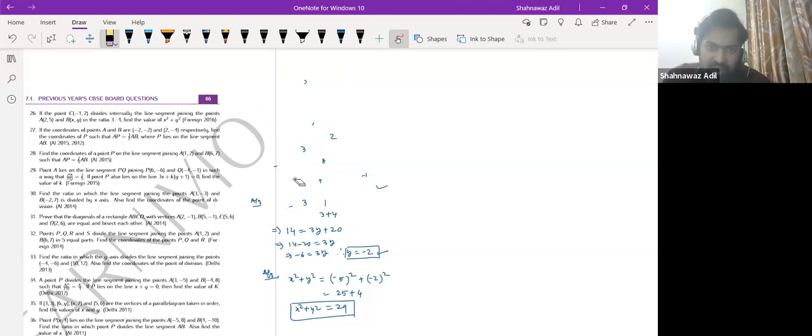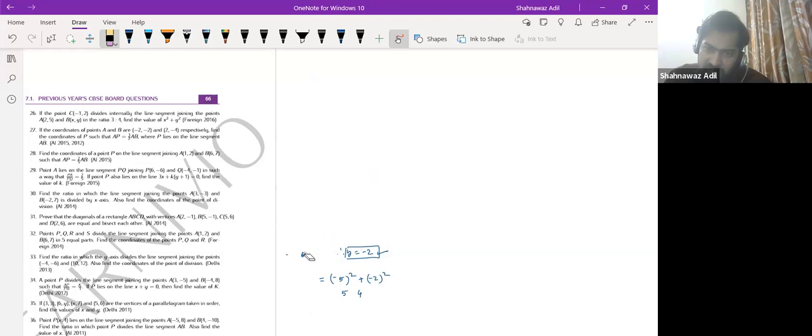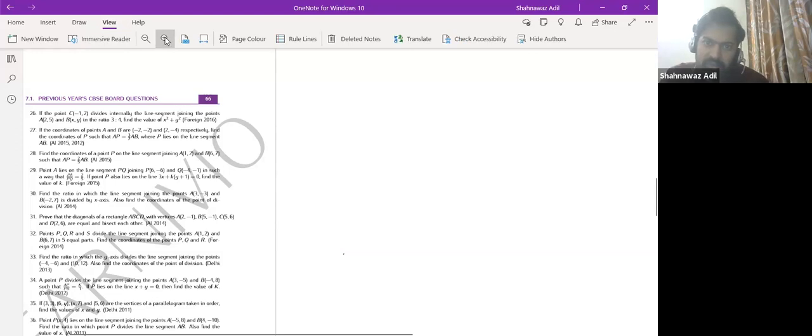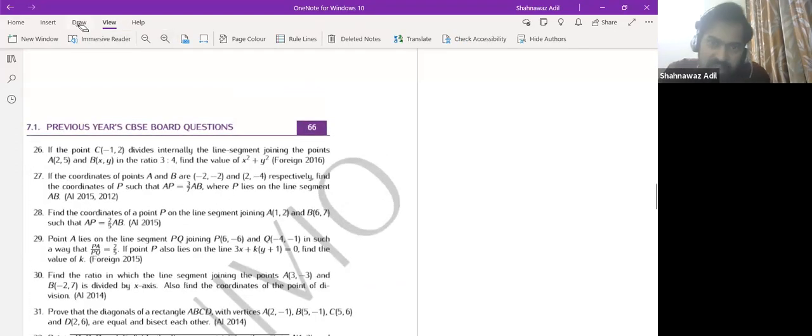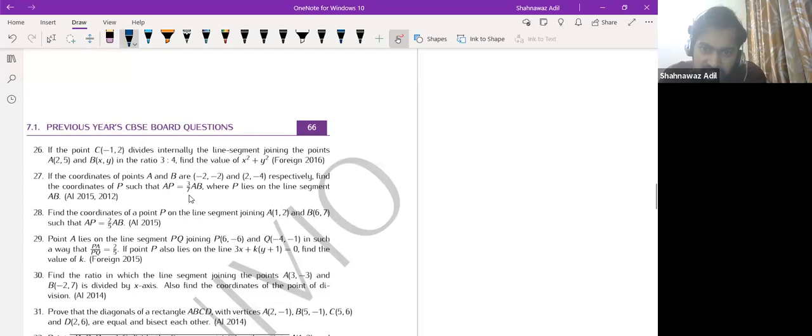Seventh one is: find the coordinates of P such that... same question that we have done previously. In this question as well, they have given a point, minus 2, minus 2. This is A, and some B point is there.